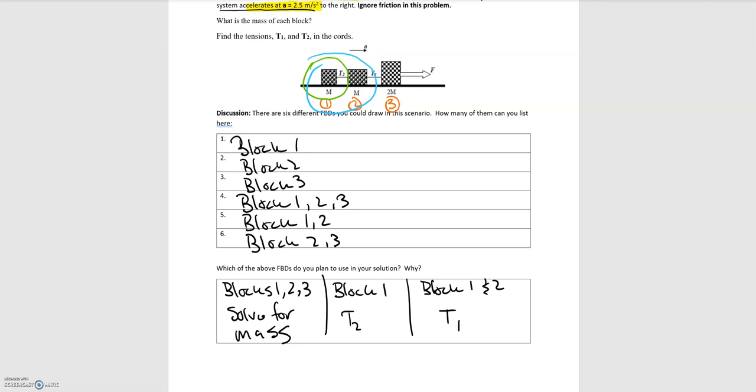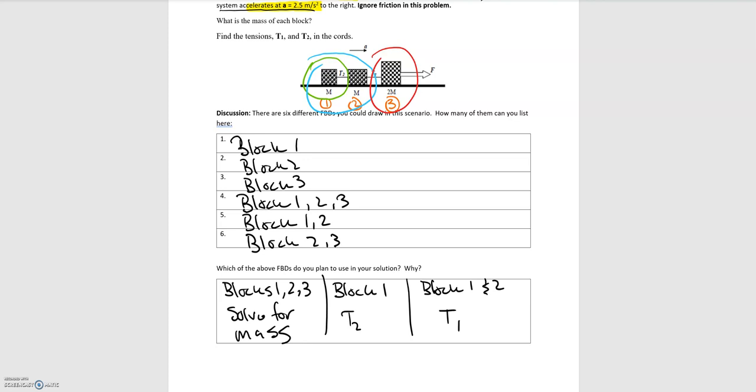You could also choose to use block 3, which is the big block. And there we know the external force being applied, and there's also a tension force being applied to the left on block 3. So you could, in theory, solve for tension 1 in that.